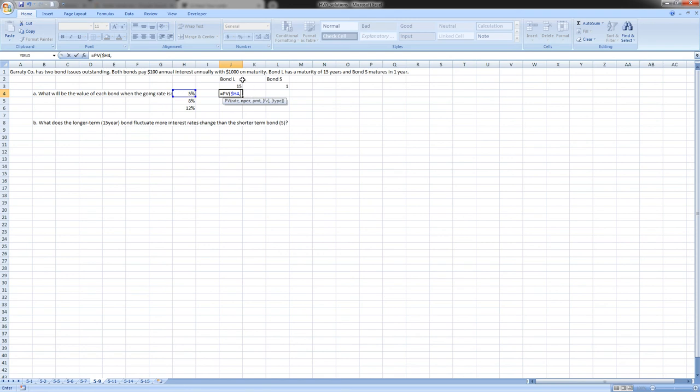Number of periods. The payment is 100. The future value is the 1,000 that we will get back. And we're receiving the amount at the end of the period.